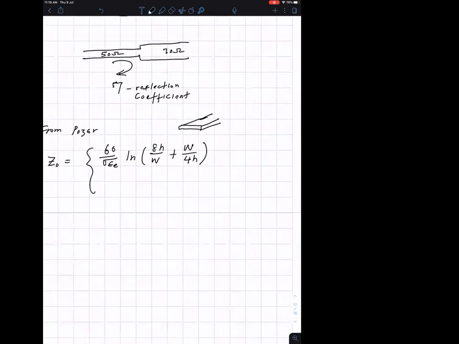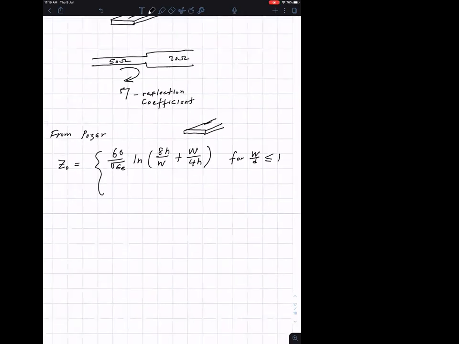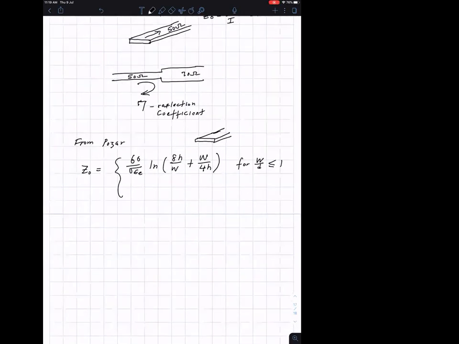If W over D is less than 1, okay, you use this formula. But if this W over D is equal to 1 or more, then you use this formula. But I'm not going to be asking you to use all these formulas.